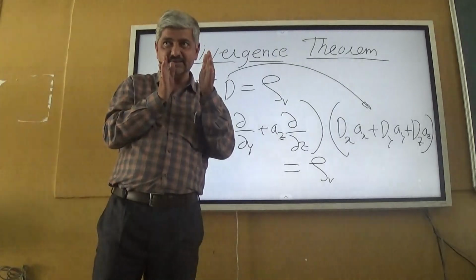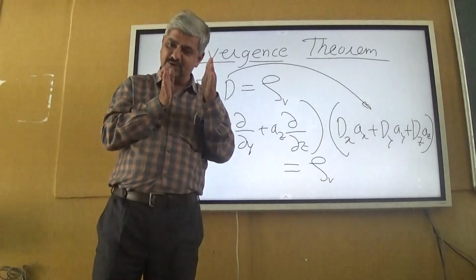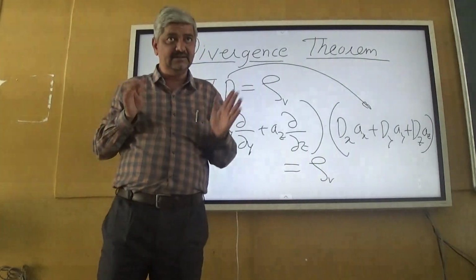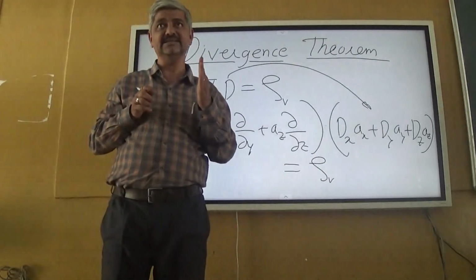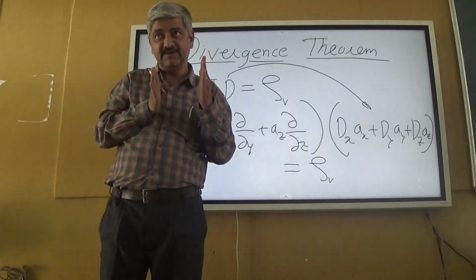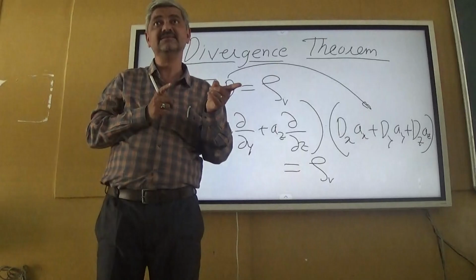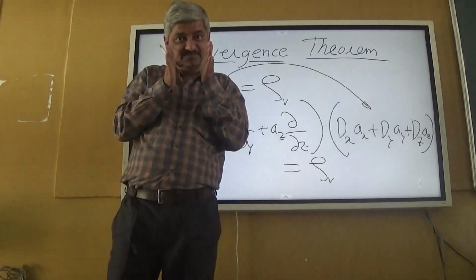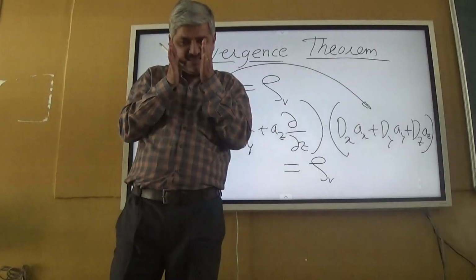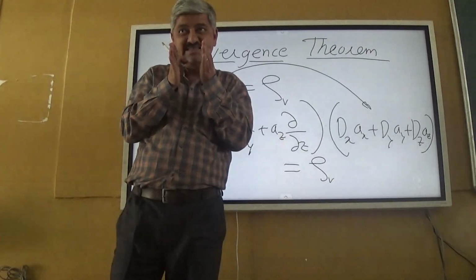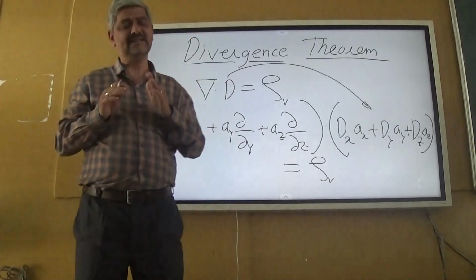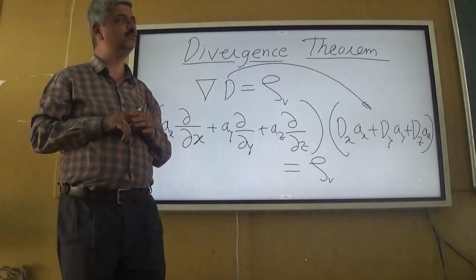D on the right hand surface is equal to D on the left hand surface plus, since the distance between the left hand surface and right hand surface is negligible, I am trying my level best to explain to you.